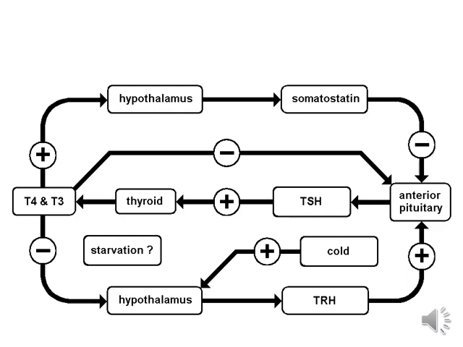So cold has a positive effect on creating TRH. The other one is starvation. Starvation has a negative effect on producing TRH. So the situation of nutrition and the situation of temperature both control the level of TRH in the blood.